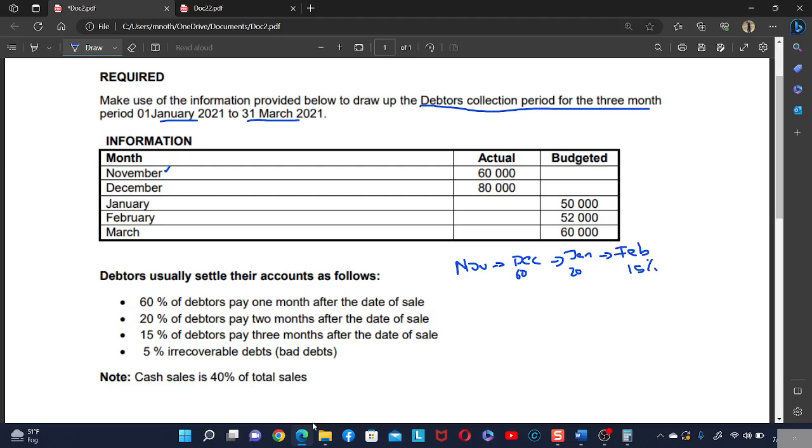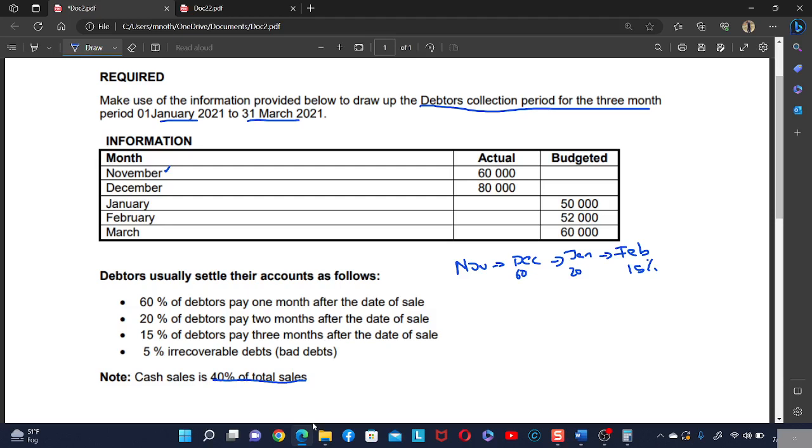Now, we are told that cash sales is 40% of the total sales. We need to remember this. When you are doing a debtors collection schedule, we must use the amounts of the credit sales.